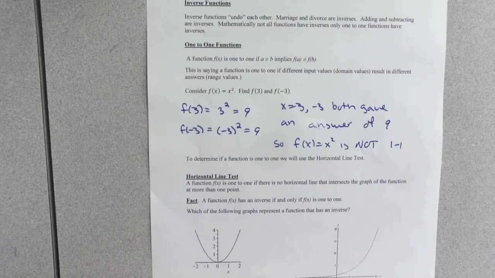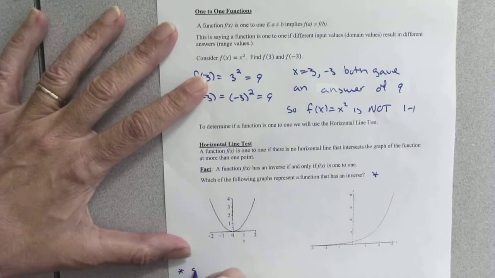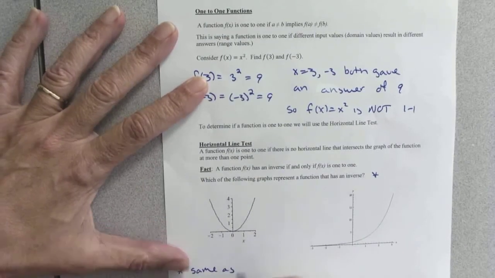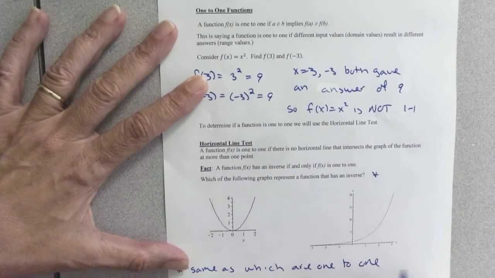And then the fact: a function f of x has an inverse if and only if f of x is one-to-one. So the question here is, which of the following graphs represent a function that has an inverse? This is the same as asking which are one-to-one.